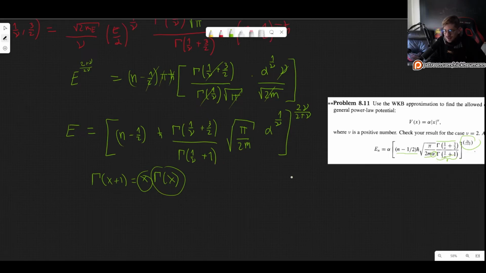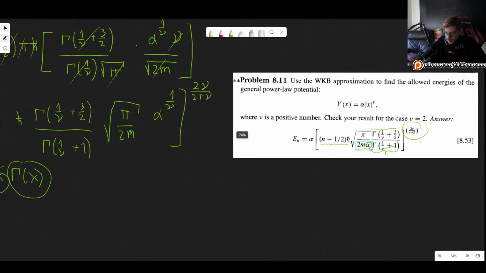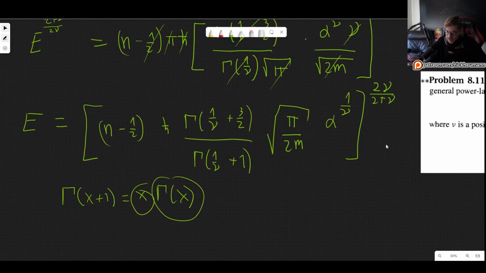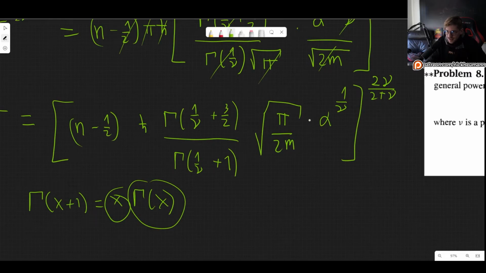The only thing that is different is this alpha here. So they want to write it inside of the square root. So something we can do, I guess, is just multiply and divide by alpha to the 1/2. So alpha to the 1/2 divided by alpha to the 1/2. And this we simply put inside of the square root. So we simply push this one into the square root, so 2m alpha.